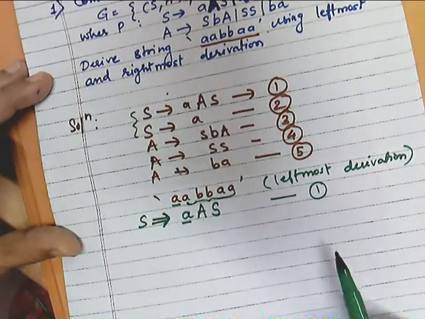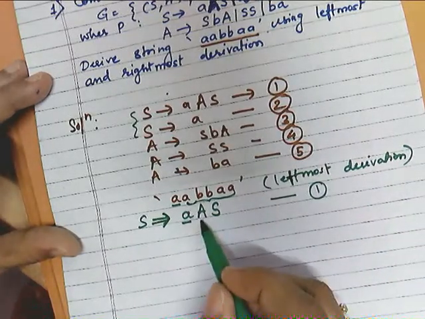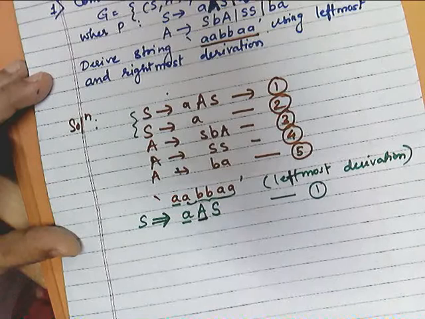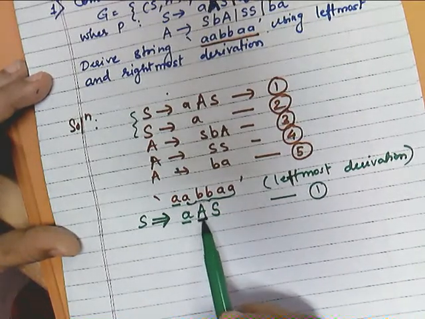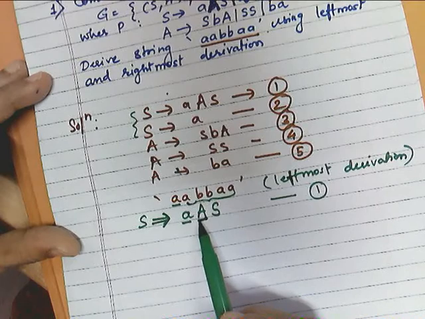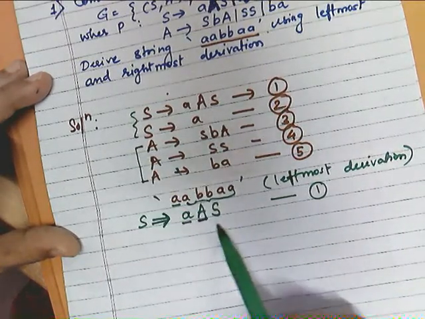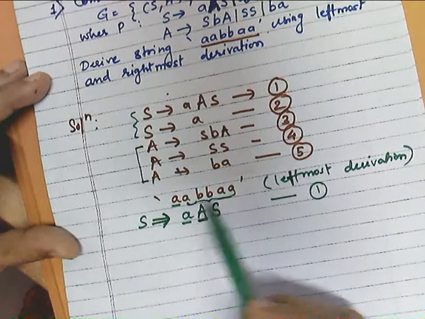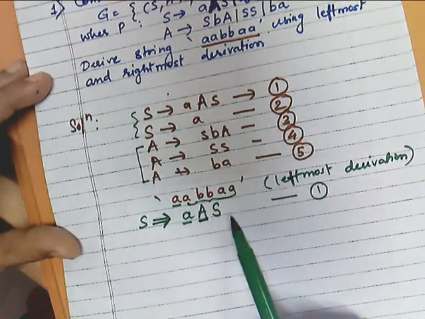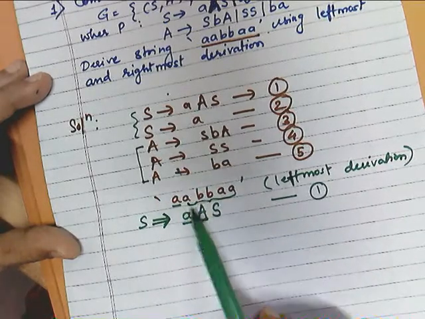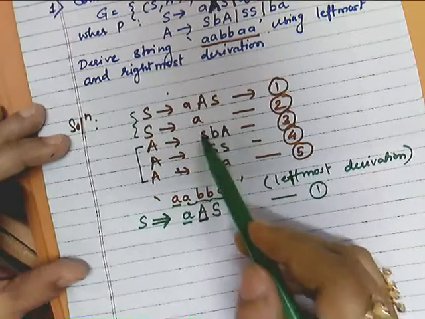Now as we want to do leftmost derivation, we need to derive the terminals from the leftmost non-terminal. So the leftmost non-terminal is A. So from all these three rules we have to select again a suitable rule which can help us to derive this particular string. So here which rule will be suitable? So we want this A. So which particular one out of these three?